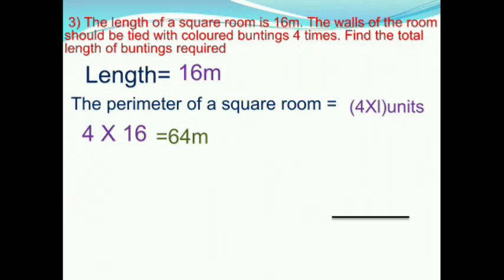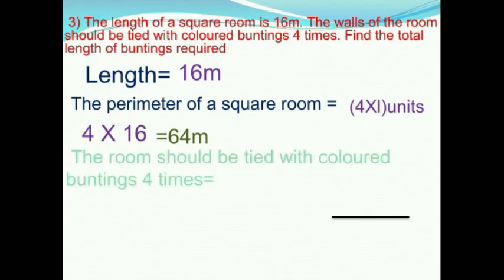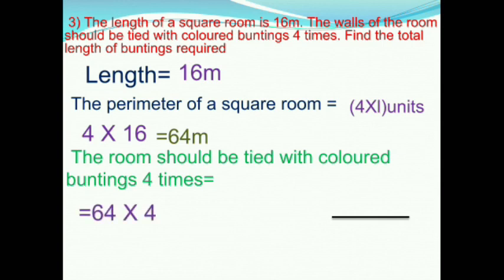Now we should find the total length of buntings required. The room should be tied with colored buntings 4 times. To find the total length of buntings, we should multiply the perimeter by 4 times. What is the perimeter? Yes, 64.